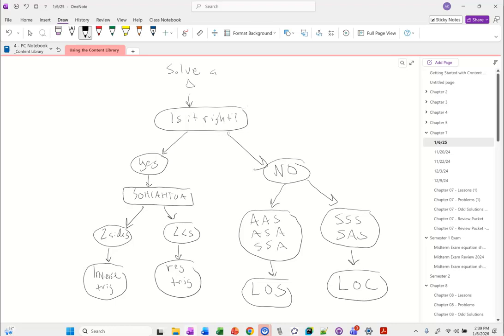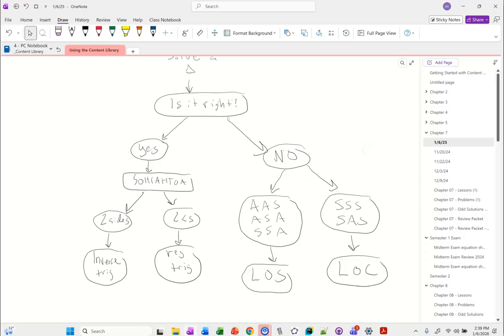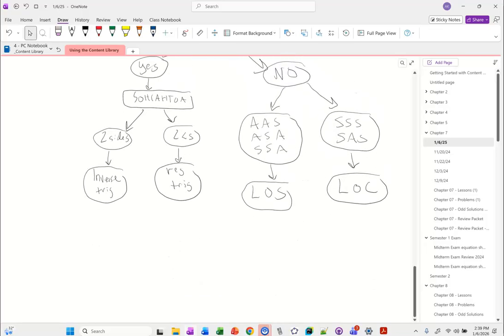If you have side, angle, side, those are law of cosines situations.